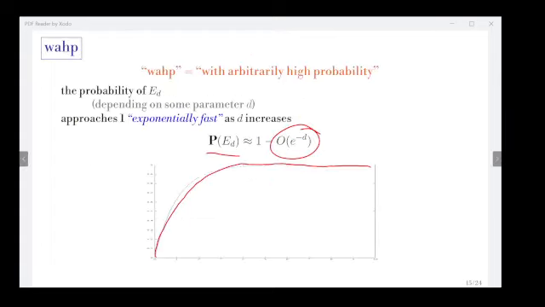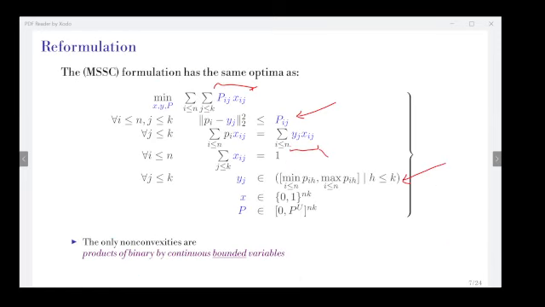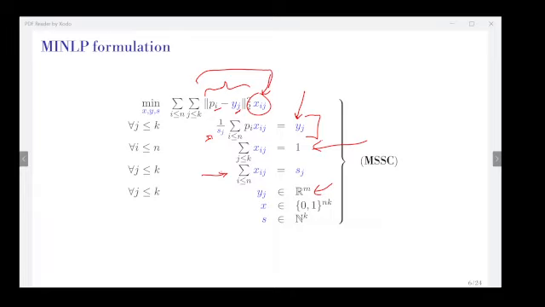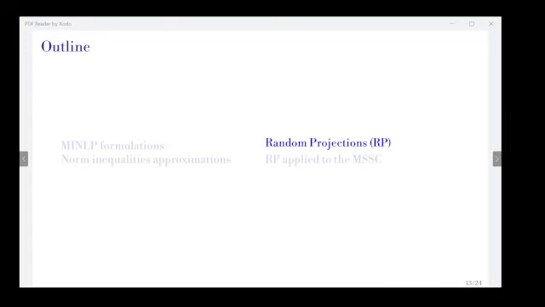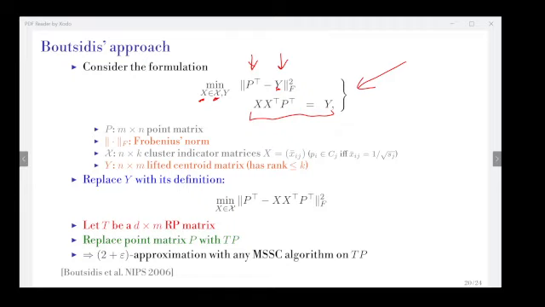So if you compare it to the formulations that we had, that constraint there in Boutsidis' formulation was really a version of that, okay? Why? Well, because this calligraphic X here is the domain of these cluster indicator matrices. These are not quite binary matrices, meaning that the variables inside the matrices are not necessarily binary variables, but they are almost like that.